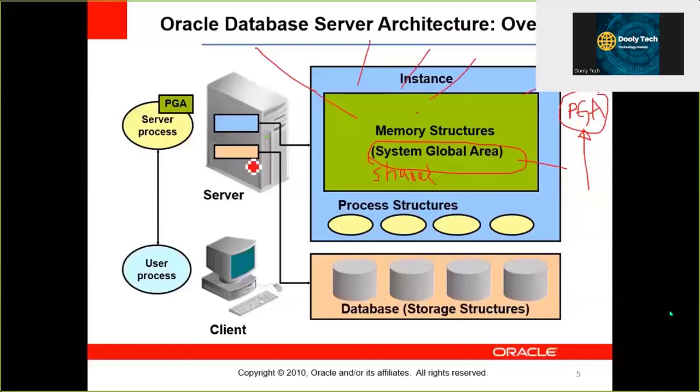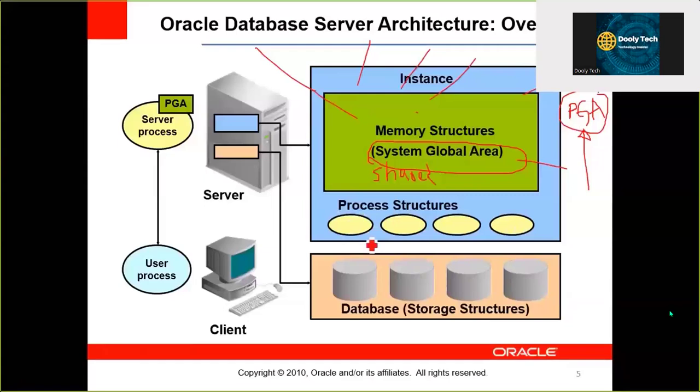So an Oracle server is made up of the database, which is files on the storage, and it is made up of the instance. The instance itself is made up of memory structures, which is called the system global area, and the background processes. Why do we call it background? Because they are running on the server side, not on the application server or on the client machine. And they are always running. If you give work, they do work.